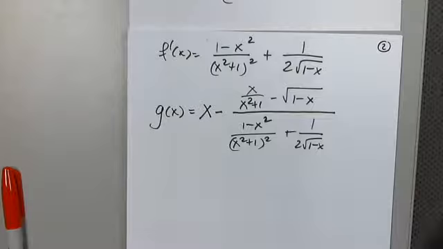Ready? So in y equals, we have the function first because we need to find the interval. So x over, in parentheses, please, x squared plus 1, close the parenthesis, minus the square root of 1 minus x, close the parenthesis.